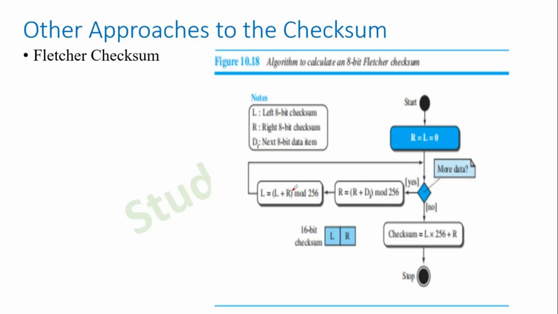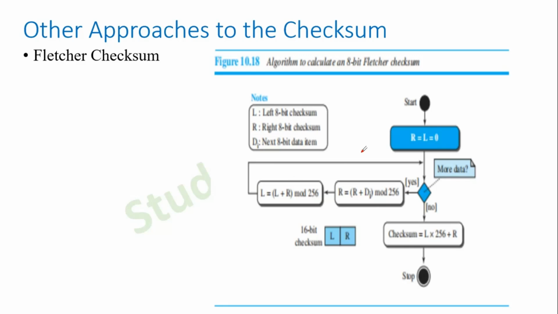That's the reason it has been added. This R, whatever is calculated, is again used by L, and this kind of calculation of the sum makes a difference in identifying which part of the message, which we divided into blocks, actually had an error.